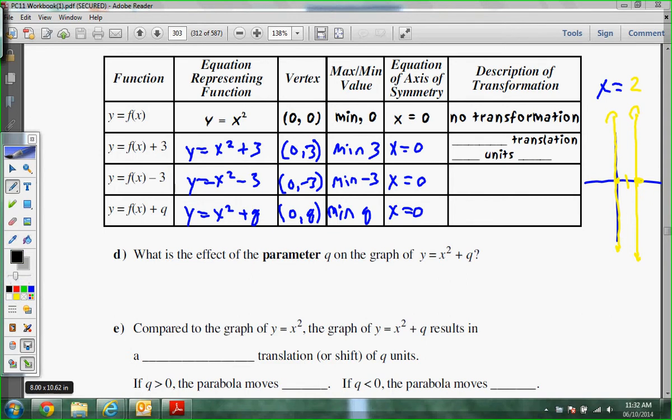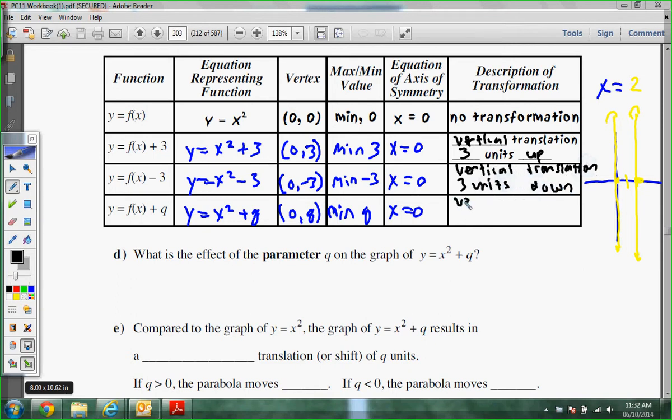Then it says blank translation, blank units, blank. So it's a vertical translation, 3 units up. This one was a vertical translation, 3 units down.